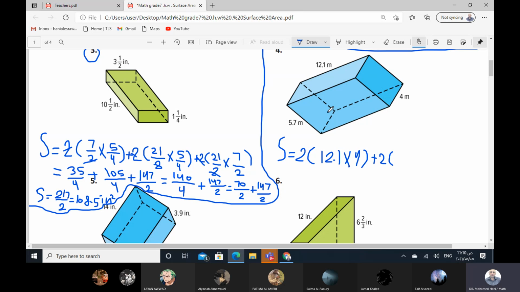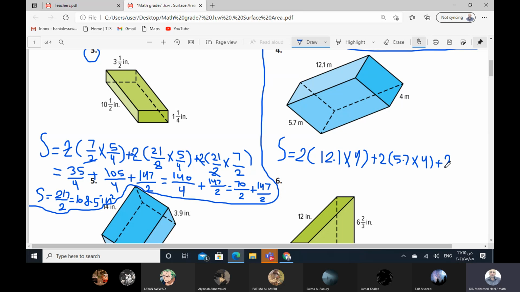here we have this side, equal to this side, 5.7 times this side, which will be 4, plus we have up this face or the base congruent with this base.